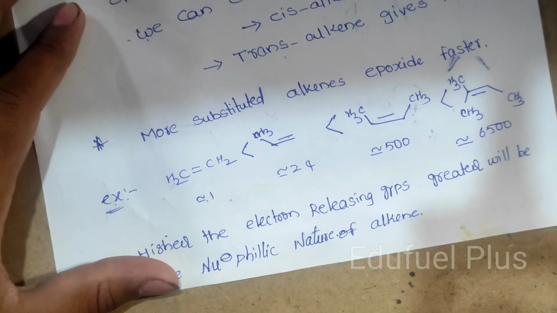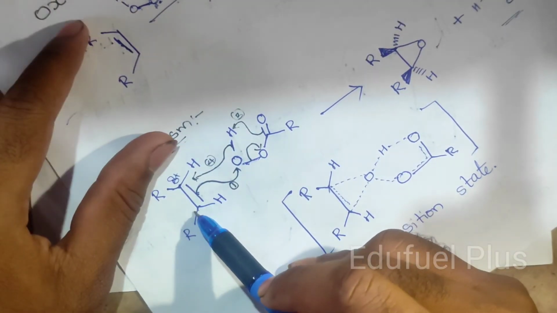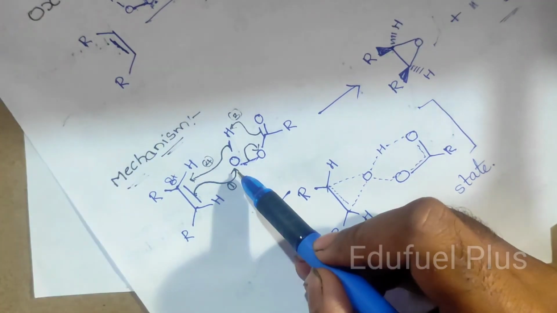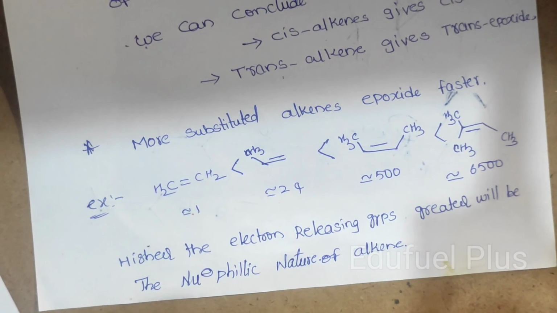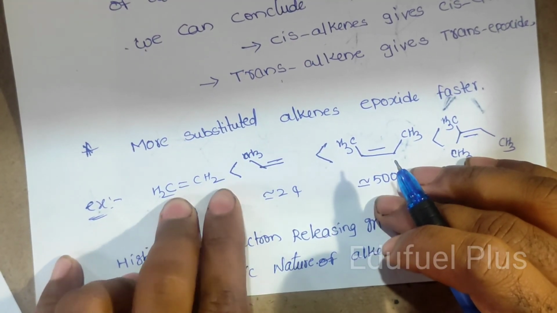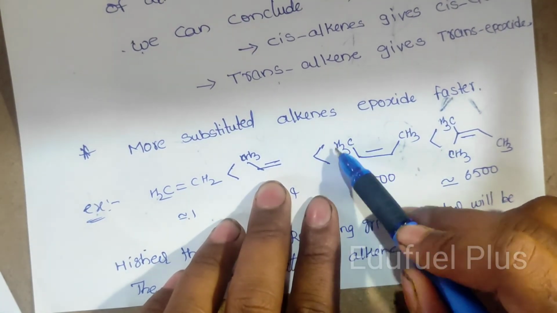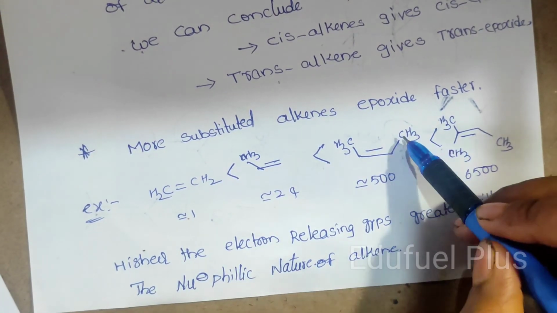And remember, in the first step I discussed the alkene as a nucleophile. Addition's first step is nucleophilic. So as the alkyl groups on the alkene increase, the electron density on the alkene increases. See here, ethylene has no substituents, but compared to it, propene and butene have extra methyl groups, which can donate their electrons towards this pi bond.